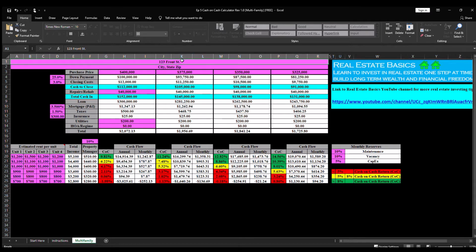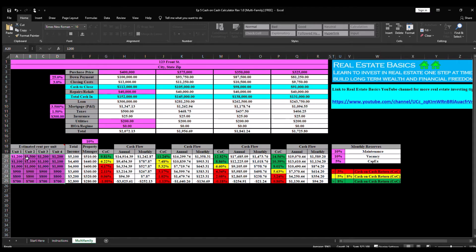So up top we have our property address that you can type in. That way if you have multiple tabs going, you can keep track of what property you are looking at. And we have our different purchase prices that we want to evaluate. And over here we have our estimated rent that we think we're going to be getting. Now I set up this Excel calculator, 1 because I love Excel, and 2 because I wanted to be able to analyze multiple purchase prices and multiple rental values.